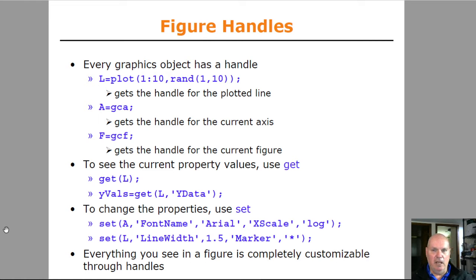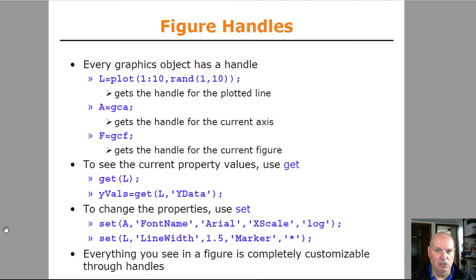Associated with every graphics object, the figure window, the axis in the figure window, each axis in a subplot, the different lines that you may plot, the different matrices that may be plotted in an image plot, is what's known as a figure handle. And you can manipulate that handle to get very fine grained control over what the graph looks like.